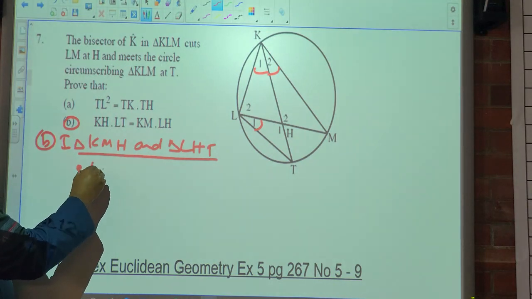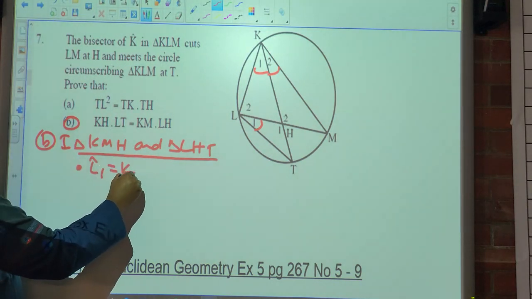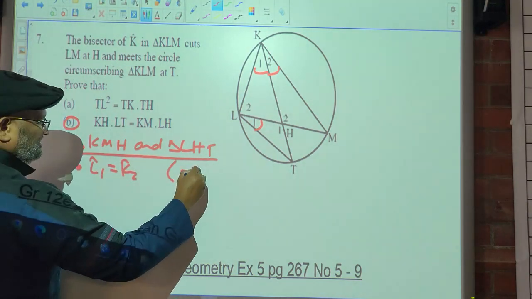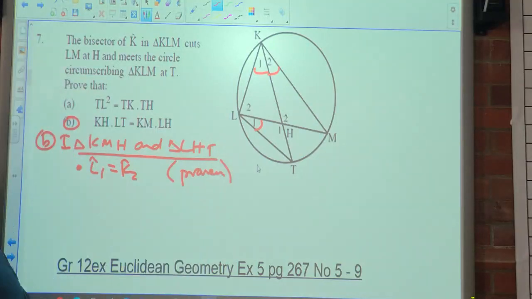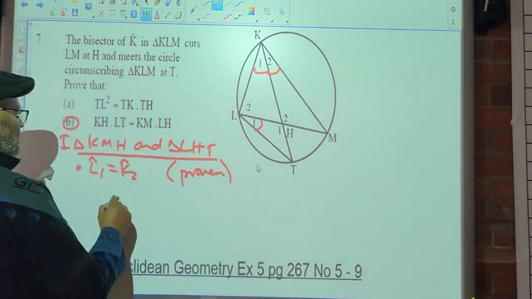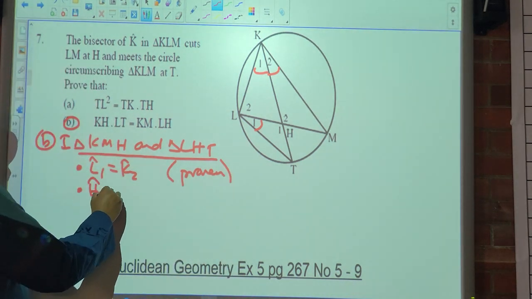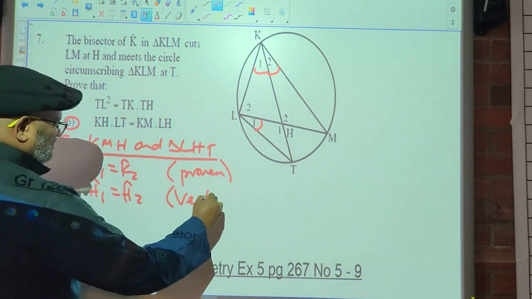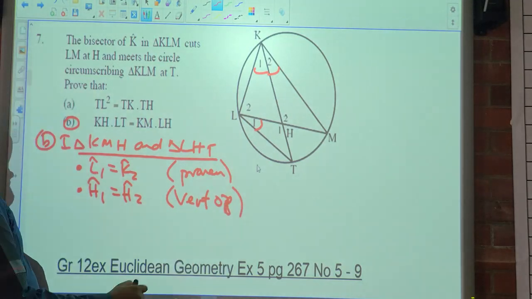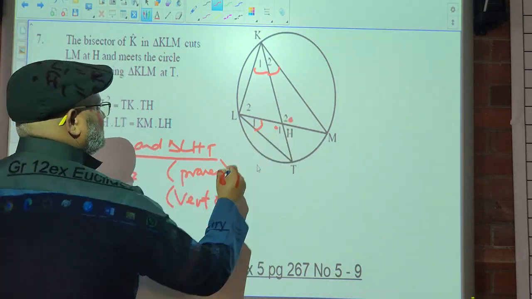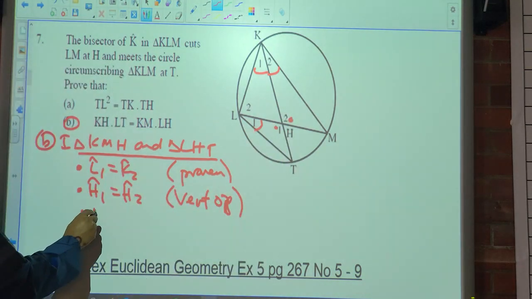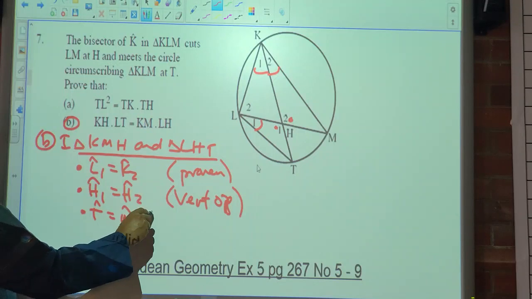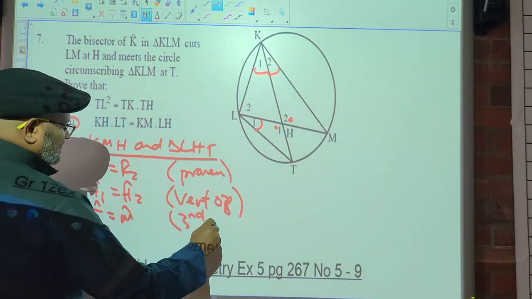L1 is equal to K2. Why? Proven. We already spoke about it, so it's proven. What else can we say? H1 is equal to H2. Why? Vertically opposite. Last one. Angle T is equal to angle M. Why? The third angle of.